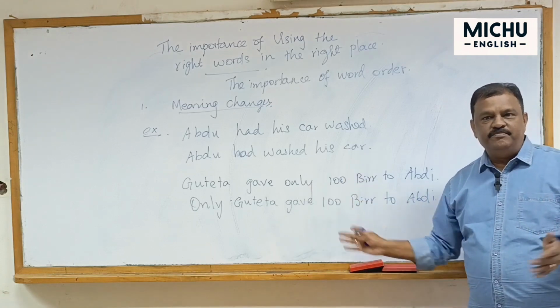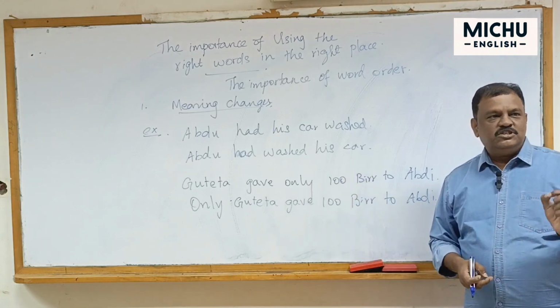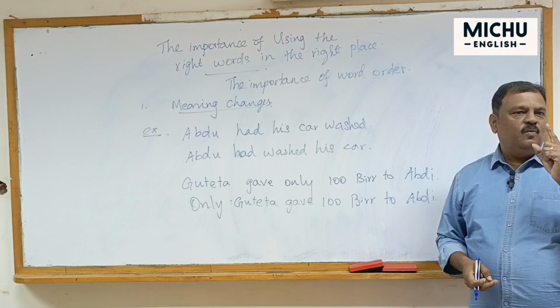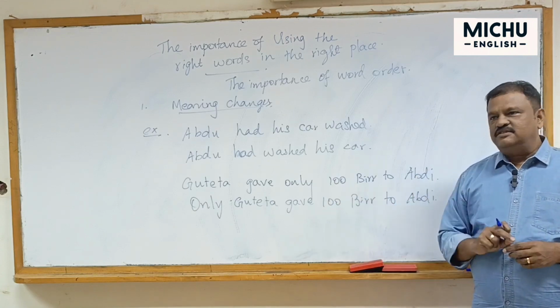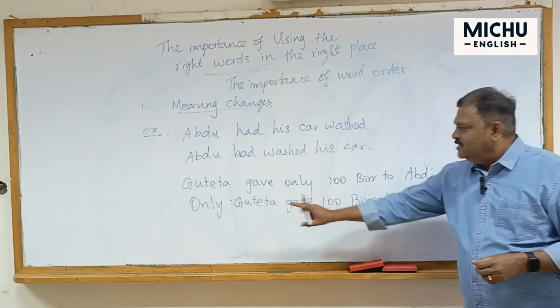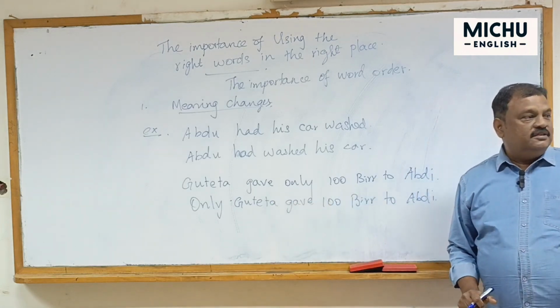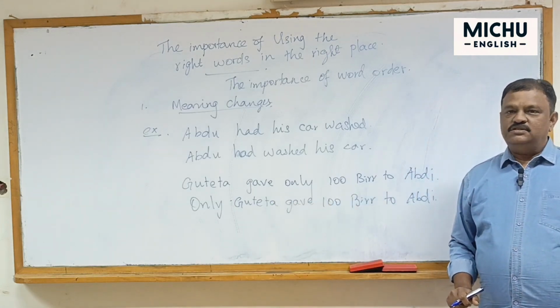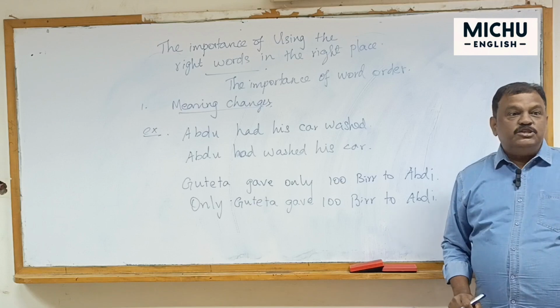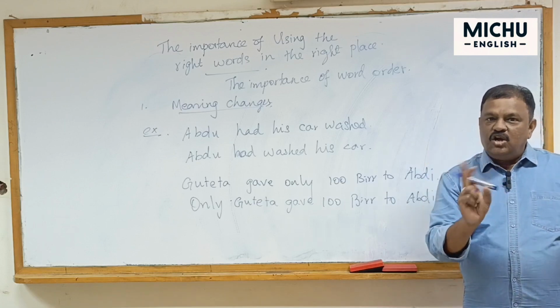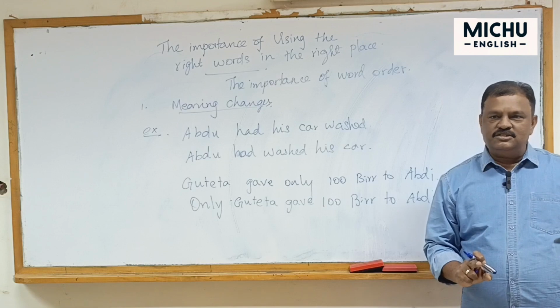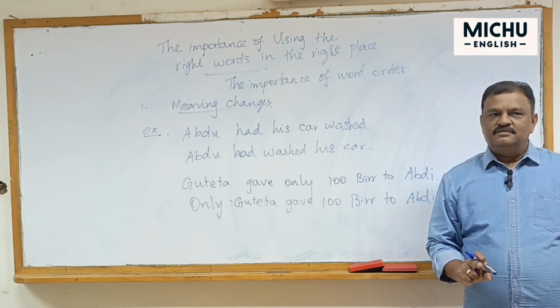All the words are the same. Just because we placed one word in a different place, the meaning changes. The second sentence means, as Guteta told us, it is only Guteta who gave 100 bir to Abdi, not anybody else.